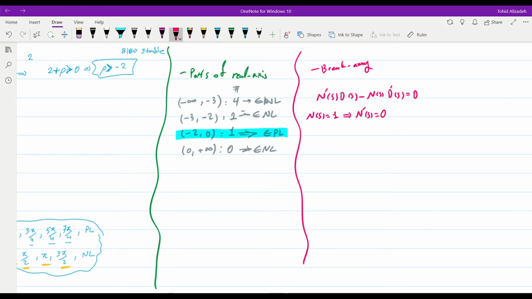And for d of s, we have the expanded expression in the form of s to the power of 4 plus 8 times s to the power of 3 plus 21 s squared plus 18s. Now we can find d prime of s. We will have 4s to the power of 3 plus 24s squared plus 42s plus 18.